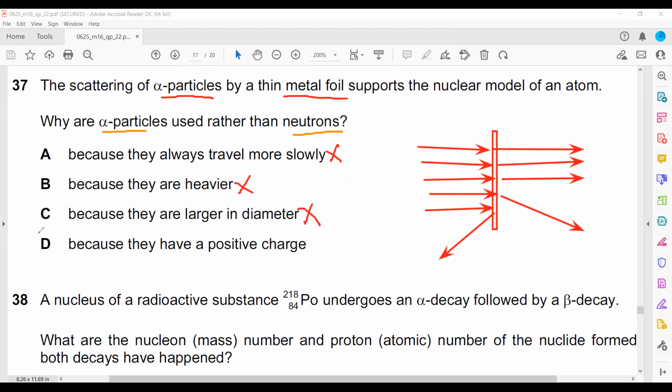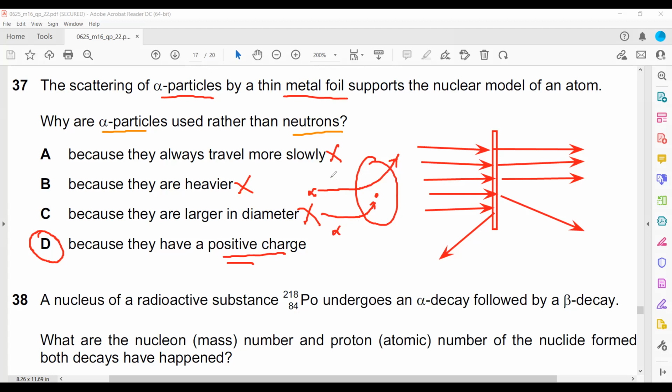So what is the main purpose? The main purpose is that alpha particles have a positive charge, so we can identify the charge on the nucleus. If the alpha particles deviate away, it means they have the same charge as the nucleus. If the alpha particles are attracted towards the nucleus when they are moving, it means they have the unlike charge.